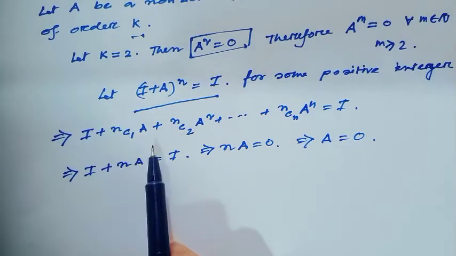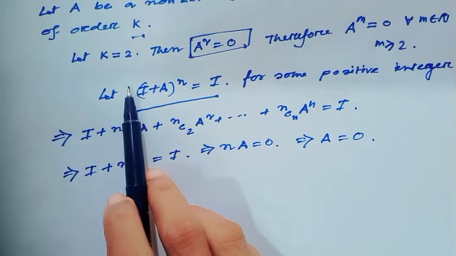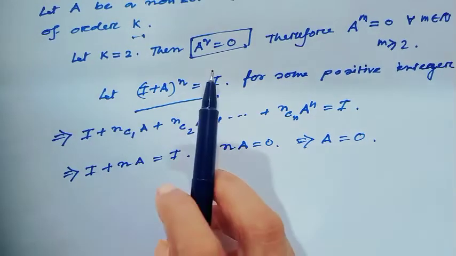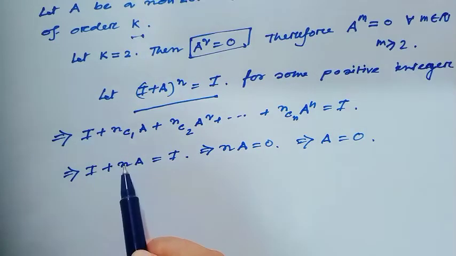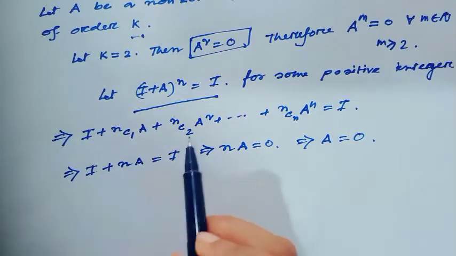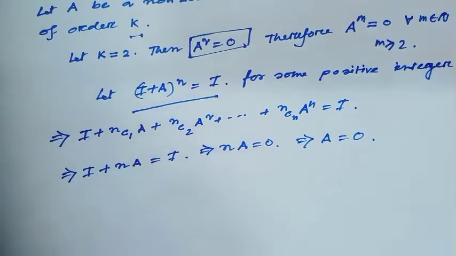Since A is a non-zero matrix and A square equal to 0, nC1 means obviously n times A, and the other parts would be 0.